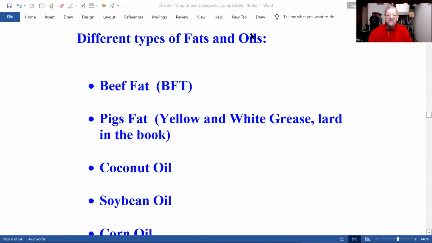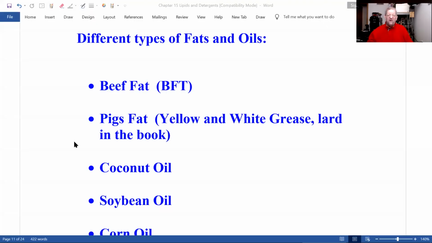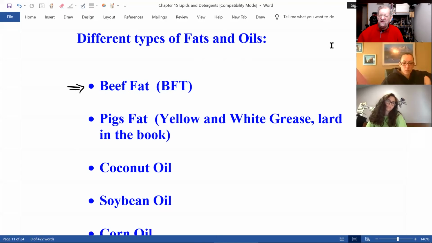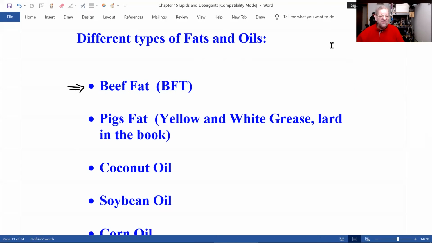Now, time to teach you stuff that's not even well covered in the book if you're reading the book, because I worked in this area quite extensively. So I'm going to teach you a few things you should know. Let's go back. Now, when it comes to fats and oils, they're different types. You call it beef fat, we don't. Everybody see the slide with beef fat on there? Thank you. Beef fat, you should know, is called tallow.